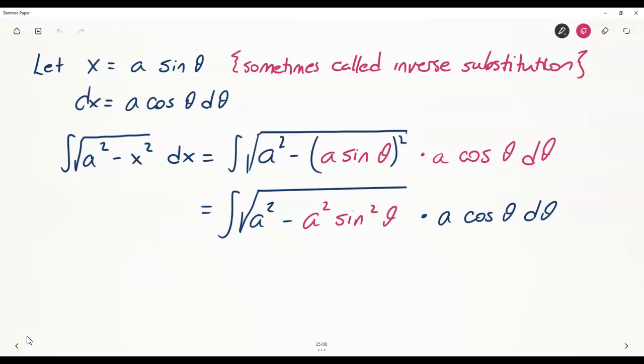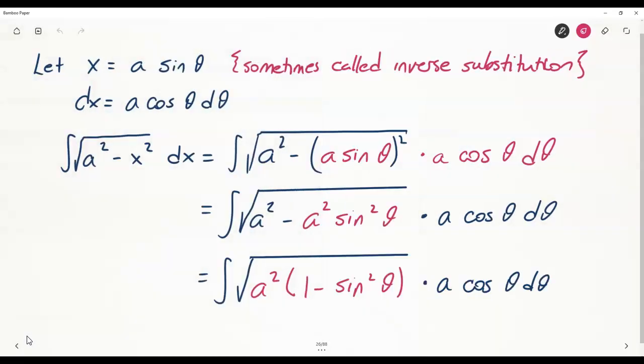That's not always 100% the case, but I've tried to make it as visually easy to follow as possible. Now, what do this a squared and this a squared sine squared have in common? a squared. So factor it out. If I pull the a squared out right here, there's still a 1 there holding its place.